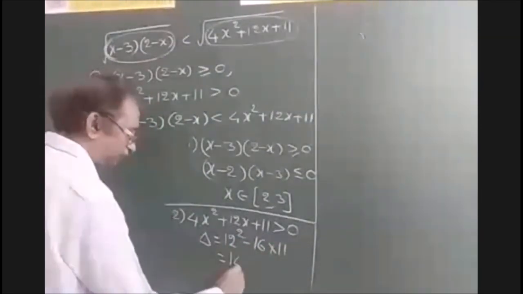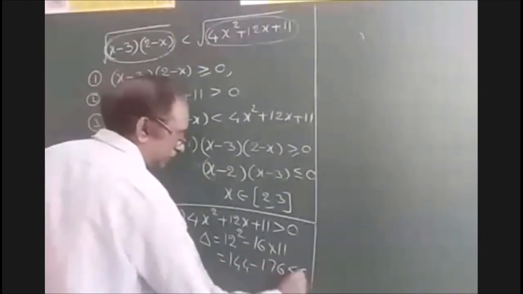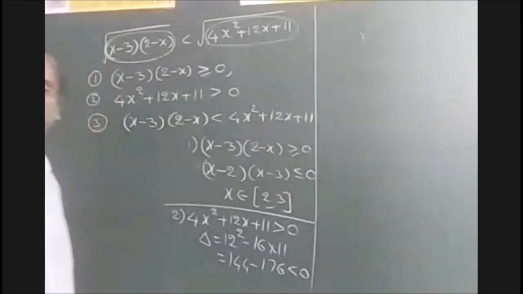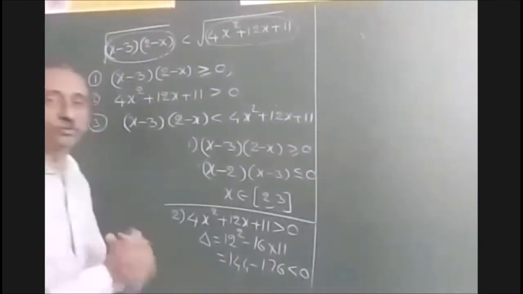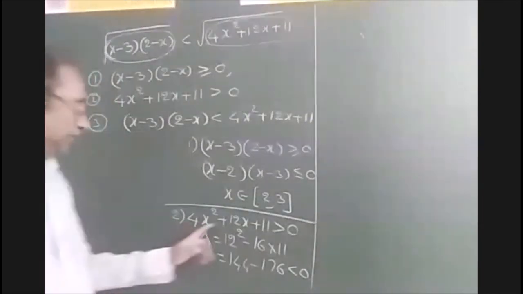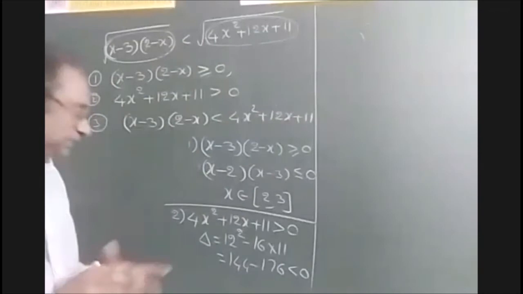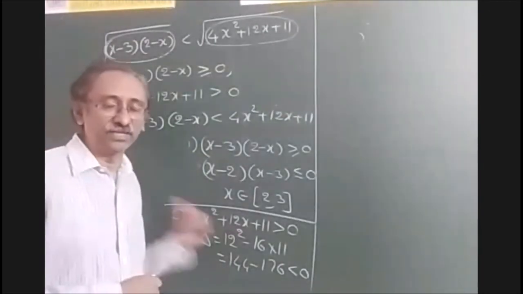So this is 144 minus 176. It is negative. That means it has no real roots, so the equation 4x square plus 12x plus 11 equals 0 has imaginary roots.